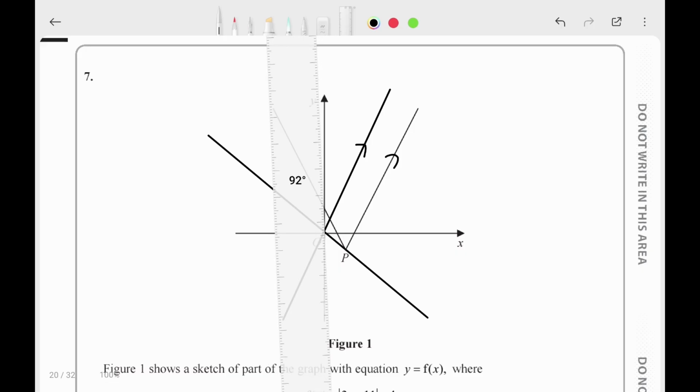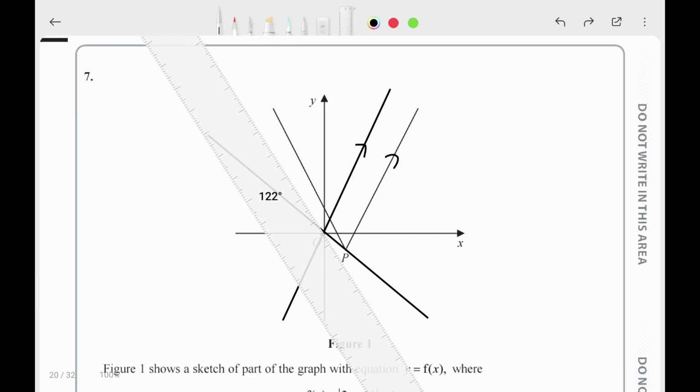Even if I go the other way around, like if the gradient is negative, it still intersects the graph exactly once until the line is parallel to this particular line. That's the limit.